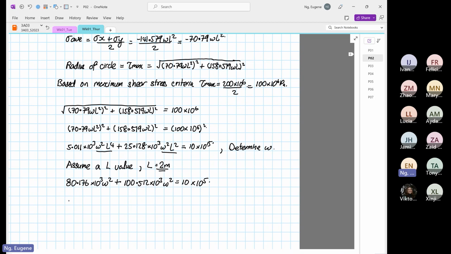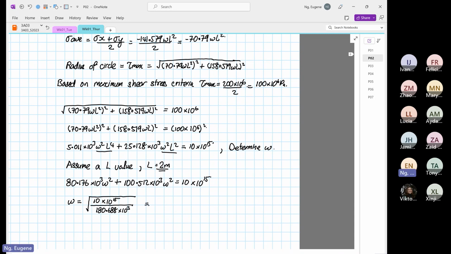Okay, so omega is equal to the square root of 10 times 10 to the power 5, not 5, 15. I do apologize. Not 5, 15. And then this whole thing, we're going to divide by 80.176 power 3 plus 100.512 power 3, which is equal to 180.688 times 10 to the power 3.